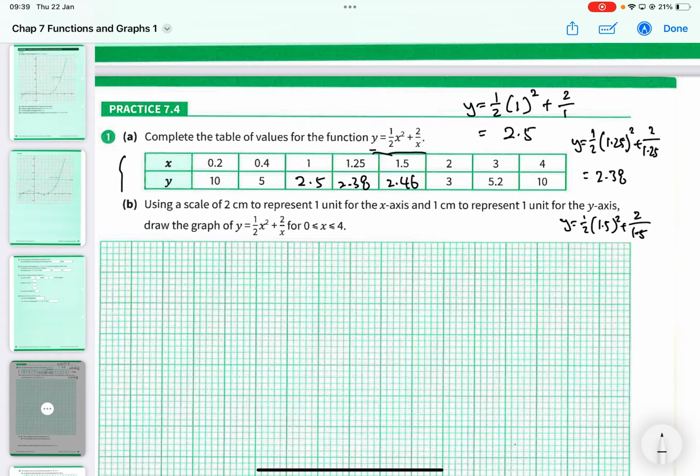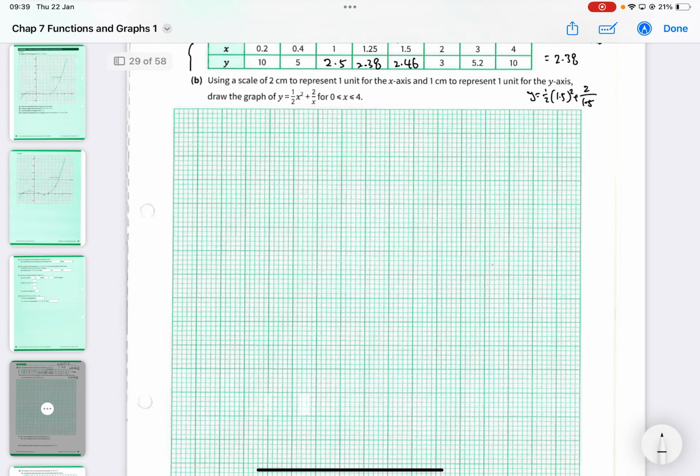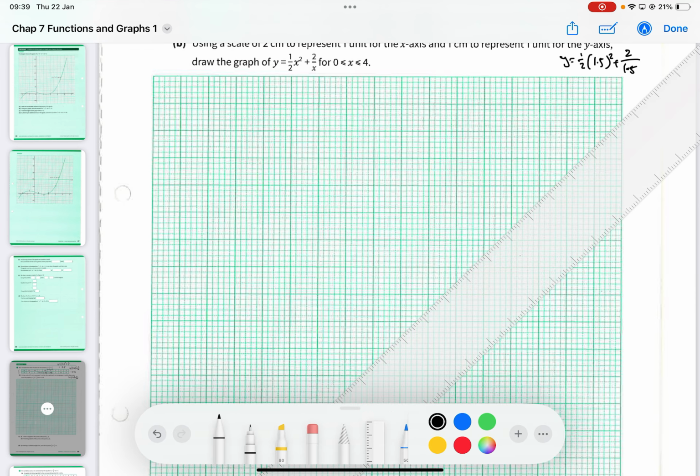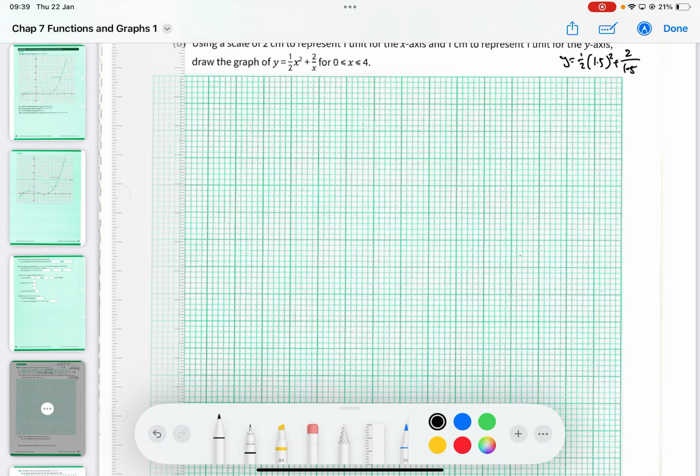Okay. Then for my y, the biggest y I have is 10. The smallest y that I have is 2.38. So my x-axis can be very close to the bottom. Okay. So my y-axis will be here.